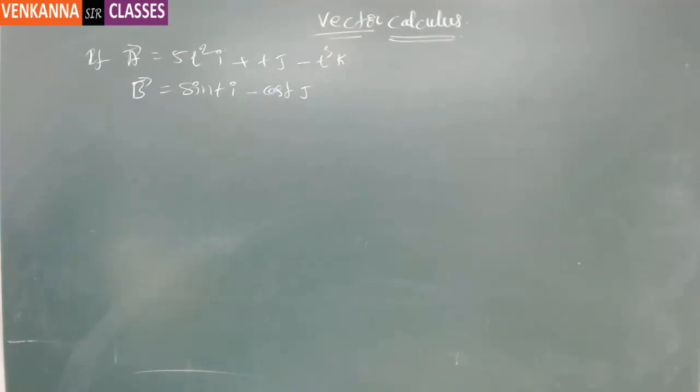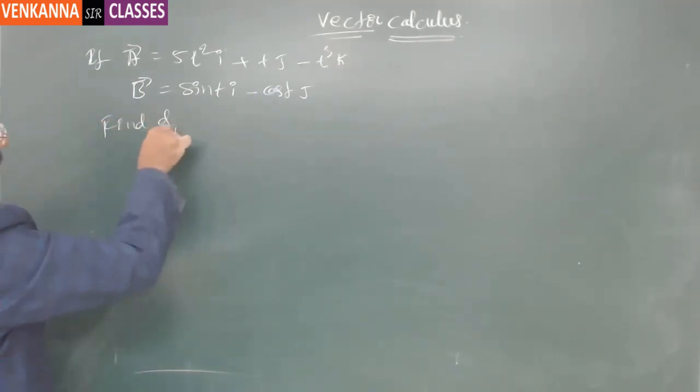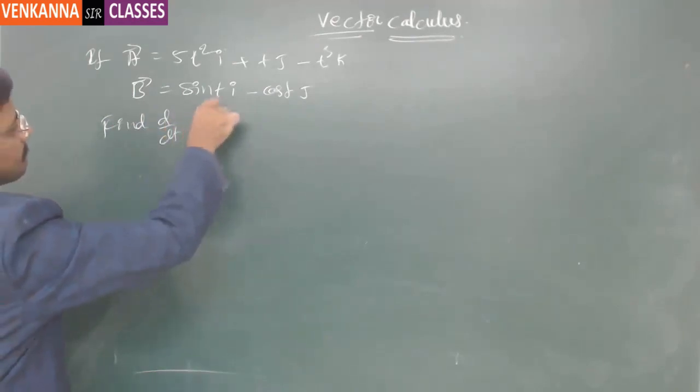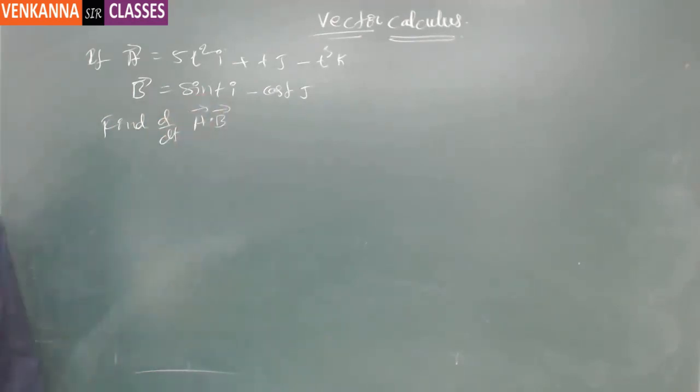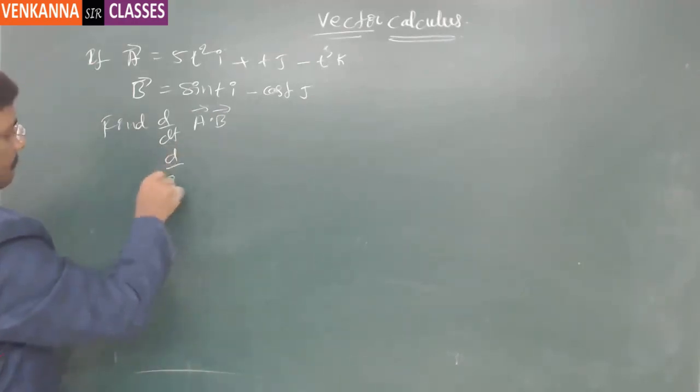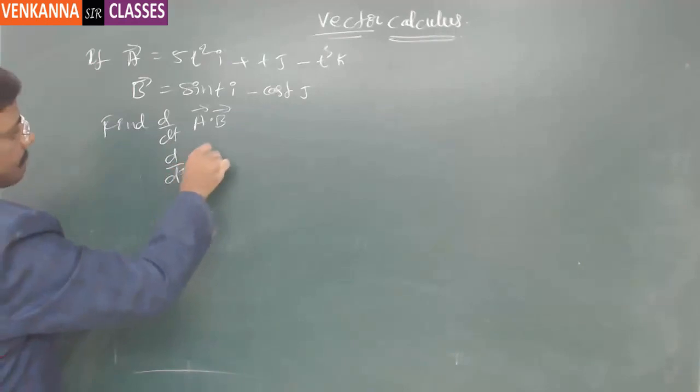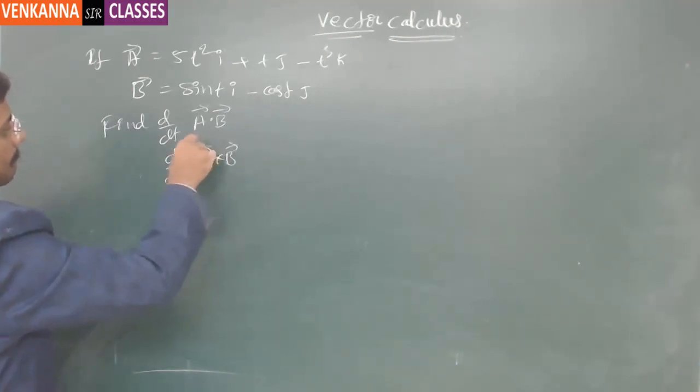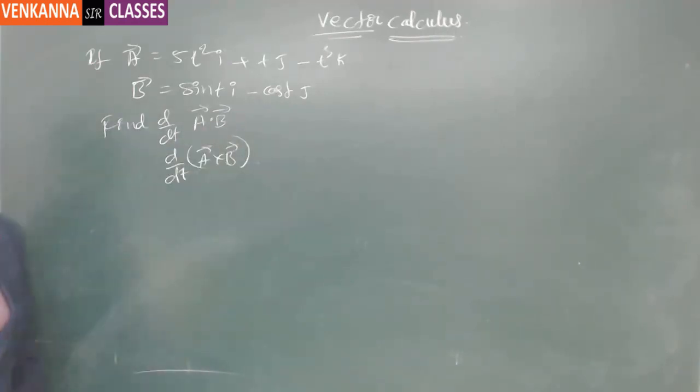Find d by dt of A dot B and d by dt of A cross B. Can you find out this?